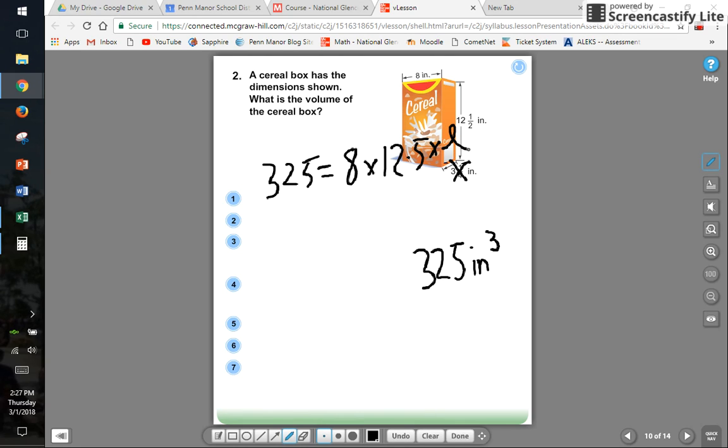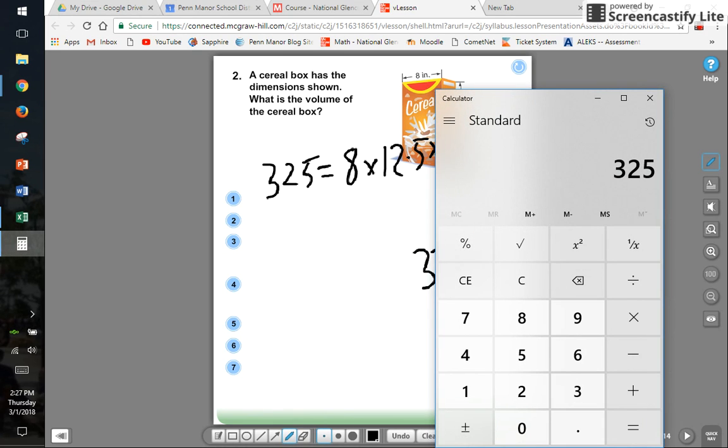I think step 1 would be, let's multiply 8 times 12.5. That equals 100. Cool.